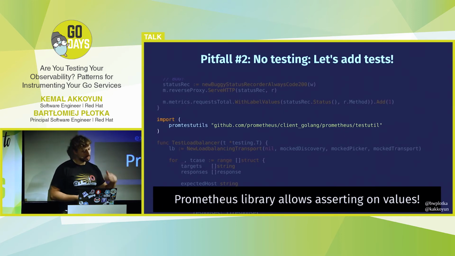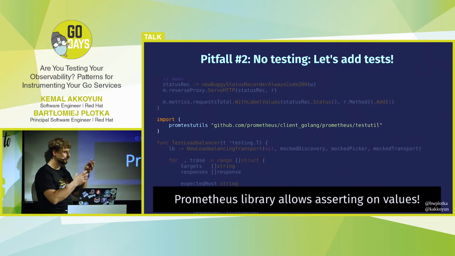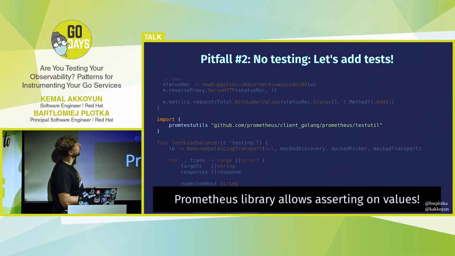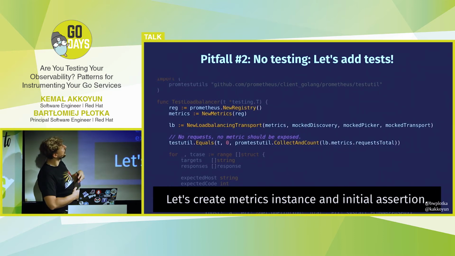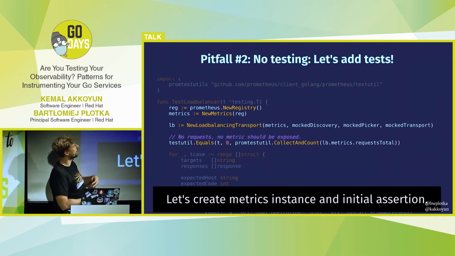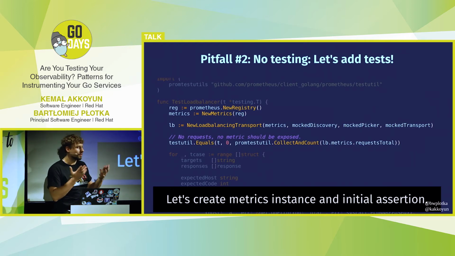So let's fix this. Let's add tests for our metrics, right? Let's introduce another package inside our Prometheus Go client library, and there is a clash with other test utils, so let's name it promtestutil. Let's add a custom registry, obviously, with our new metrics, which will be mocked.